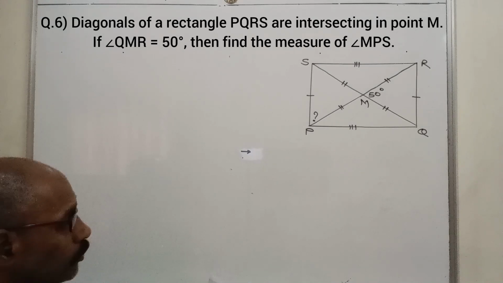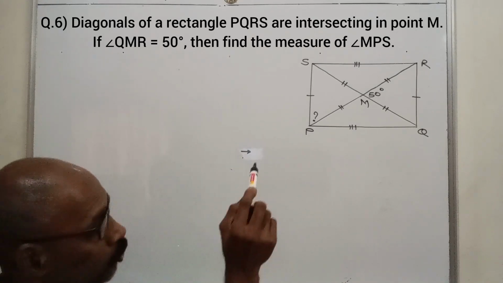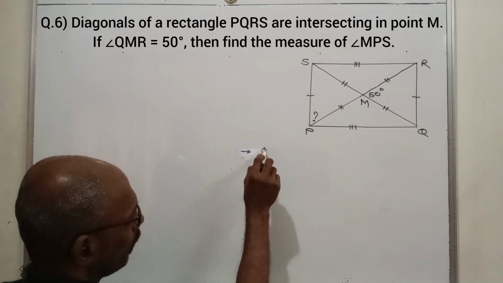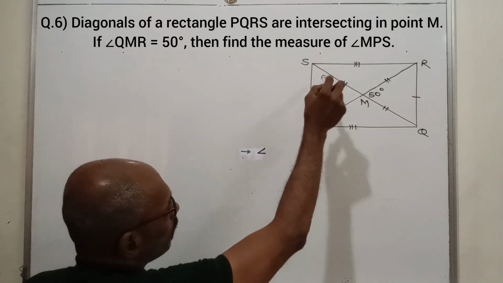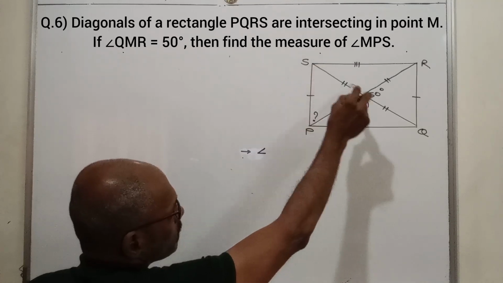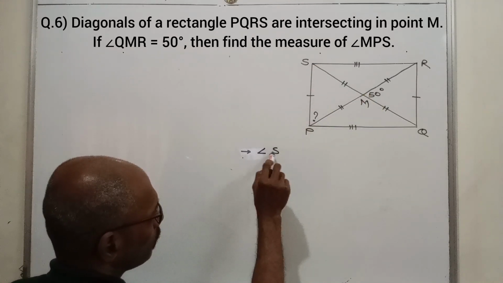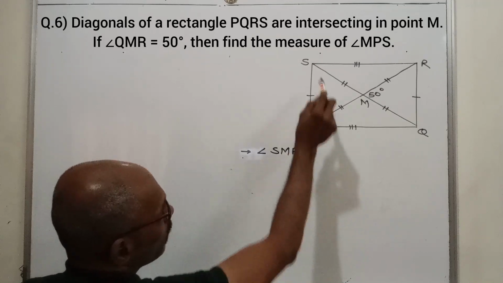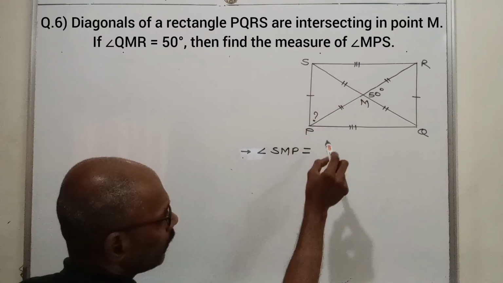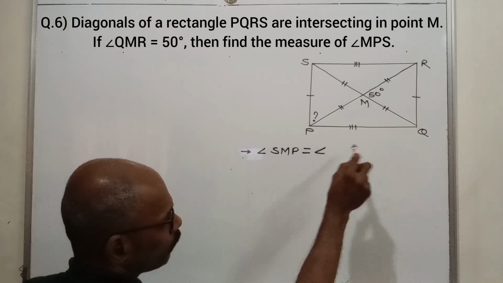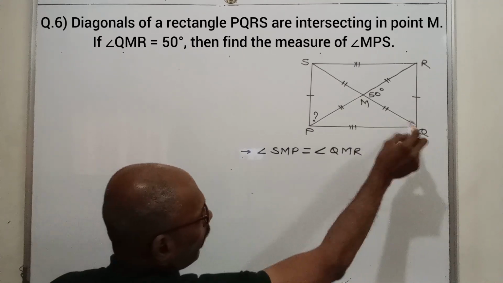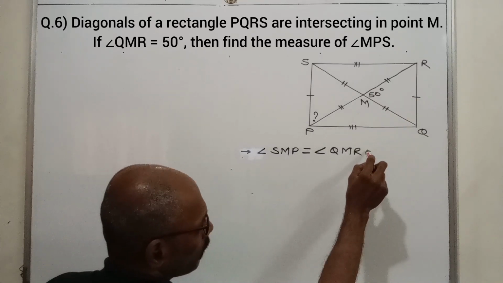Okay, now for this solution, see here, angle SMP is equal to angle QMR.